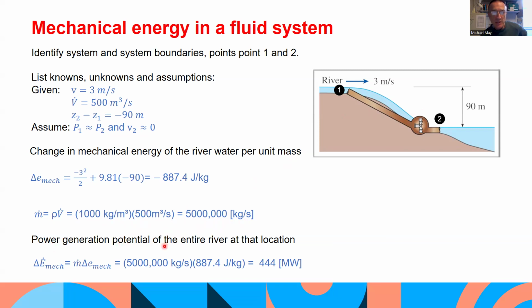Power generation potential of the entire river at that location is the mass flow rate multiplied by the energy per unit mass, and there's 444 megawatts available to us if we put a turbine at the foot of that river.